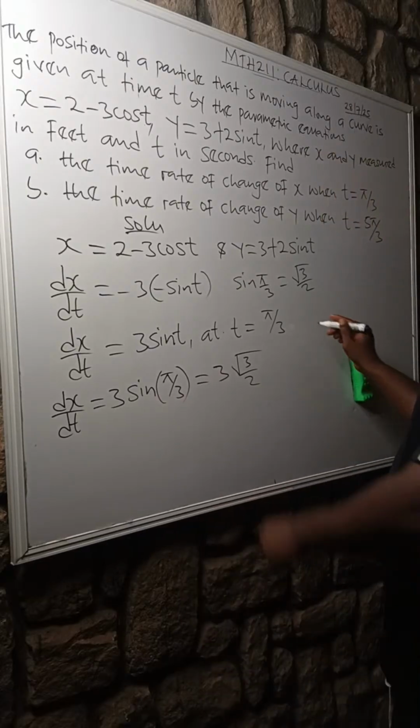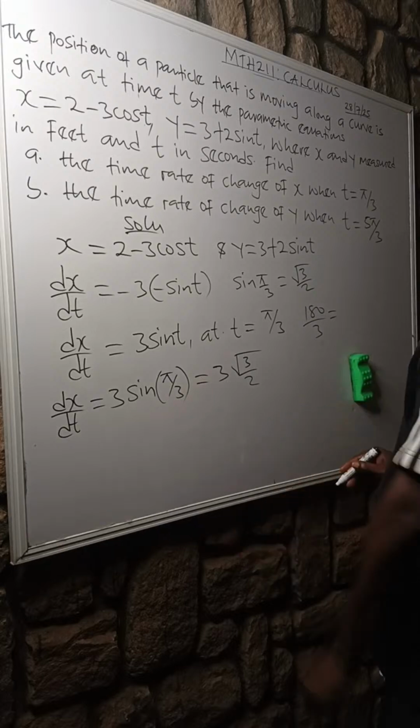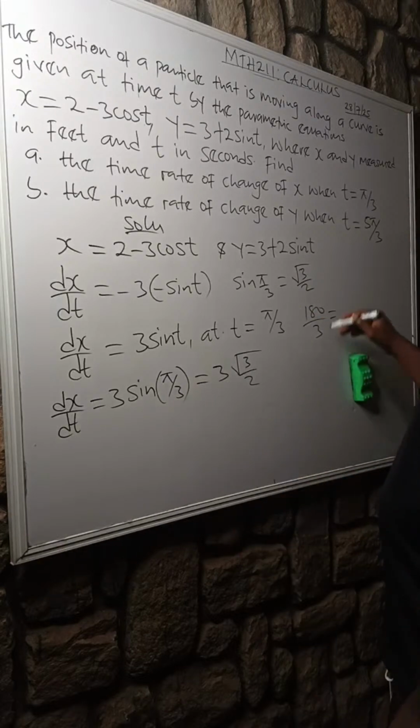Because pi is 180, 180 all over 3 is 60, is it not?